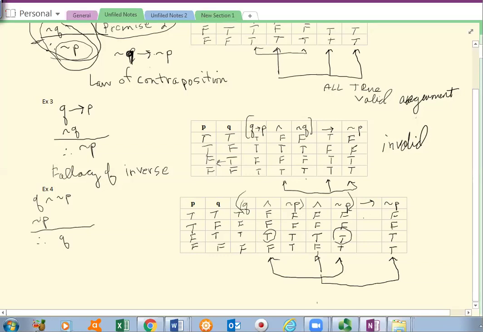And now with this conditional, we're looking for a true followed by a false. So now I see a true here, but it's followed by this true here. So I don't see any of those special cases, true followed by false. That means all of these must be true. And we have a valid argument. Whoops, valid.